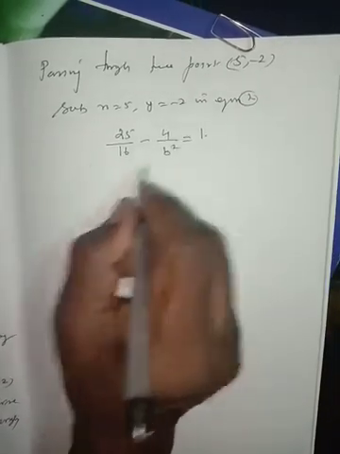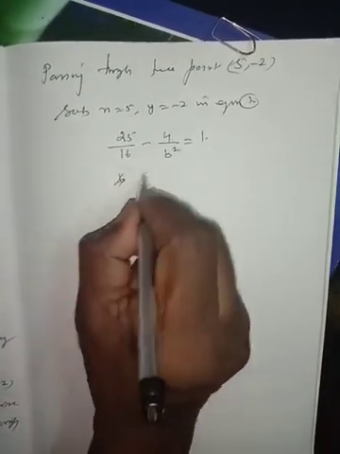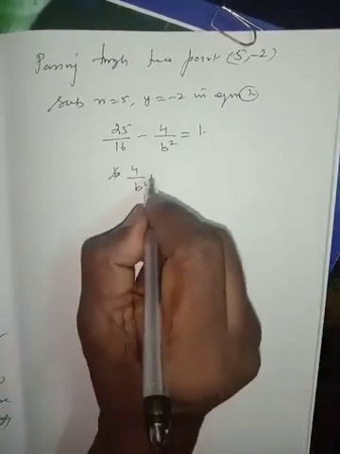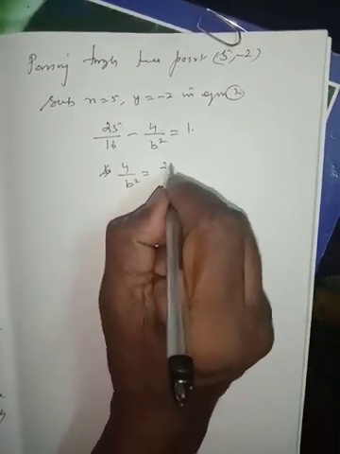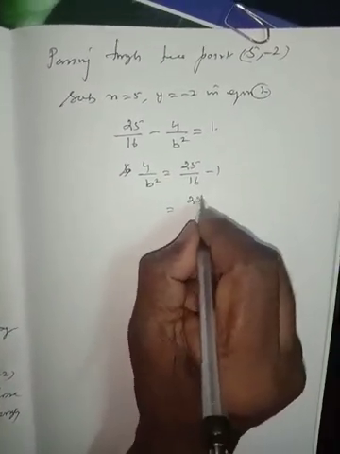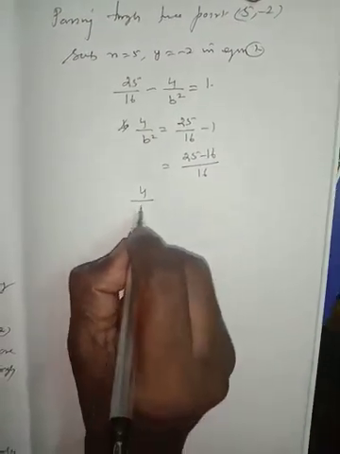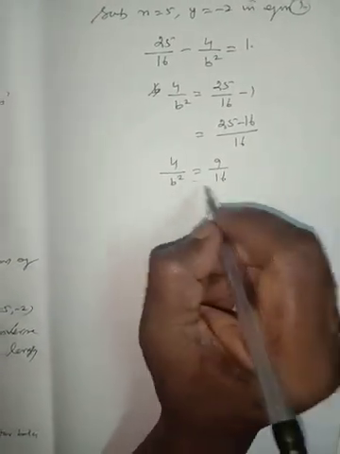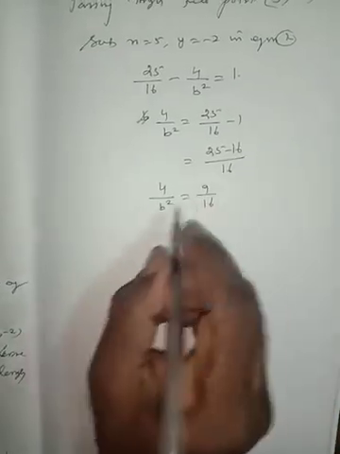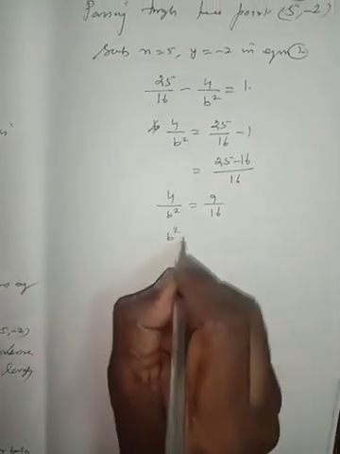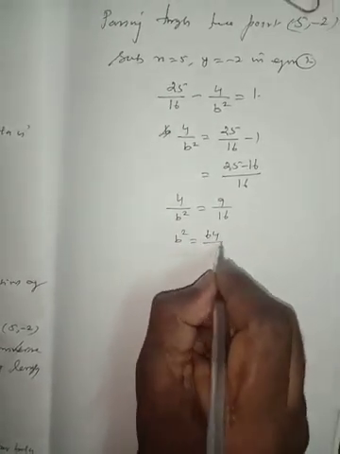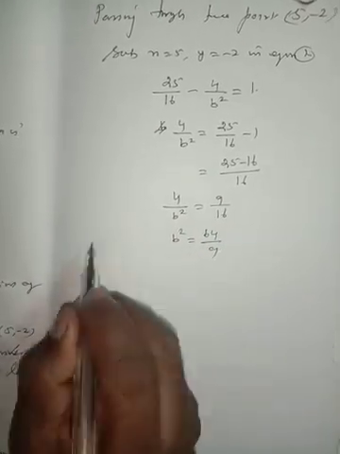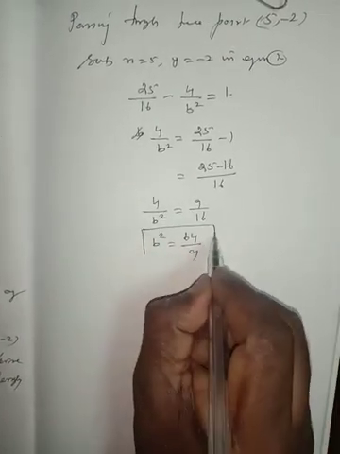Now 4 by b square is equal to 25 by 16 minus 1, is equal to 25 minus 16 divided by 16. So 4 divided by b square is equal to 9 by 16. Now cross multiplying, b square is equal to 16 fours are 64 by 9. So b square is 64 divided by 9.